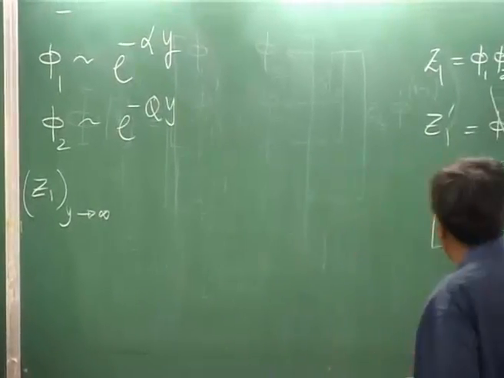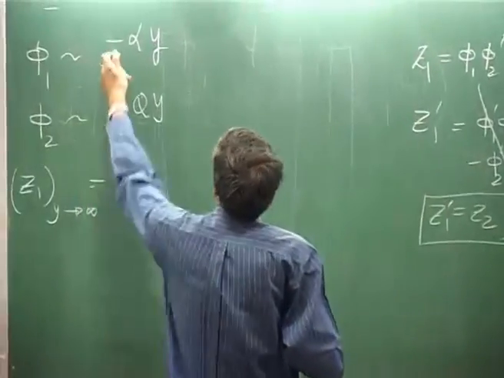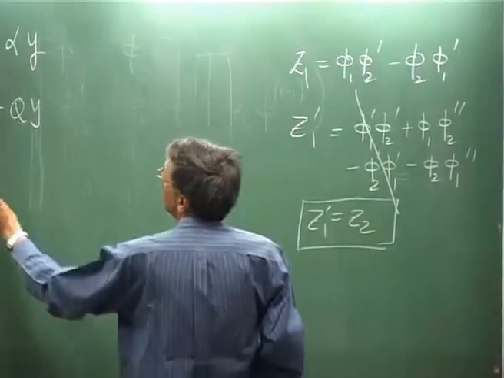So, this is the issue that you have to understand. In the free stream, we know the variations like this, and we can plug it in there. What are we going to get?